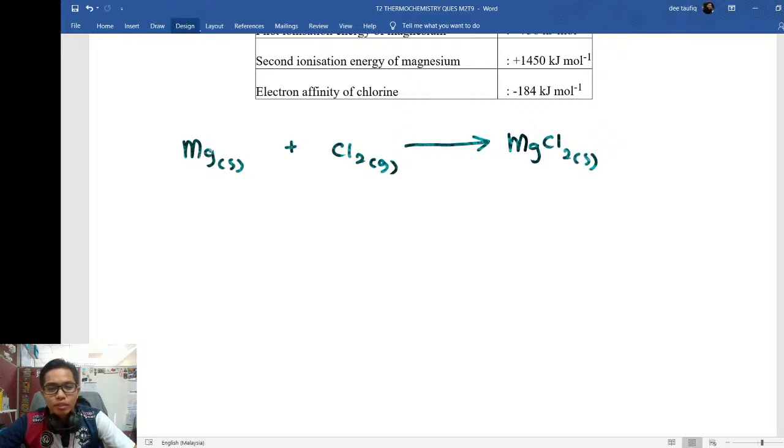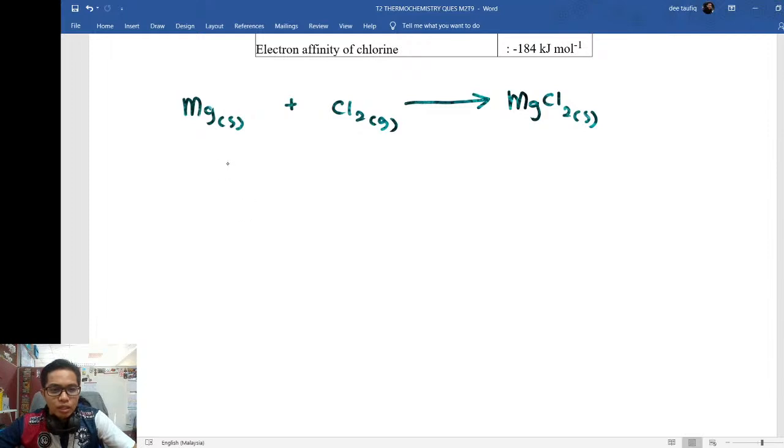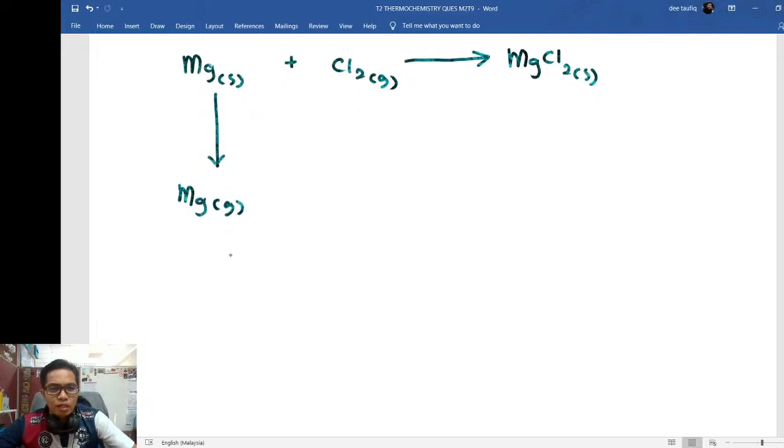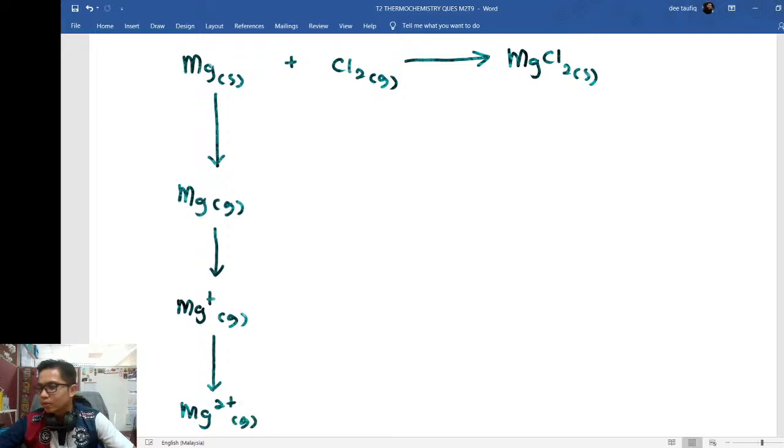Okay, so saya lukiskan dulu, baru saya label-label benda tu. So from element, this is element magnesium solid become magnesium gas atom, and then from magnesium gas atom it will become magnesium plus 1 gas ion, and then from plus 1 it will produce magnesium 2 plus gas ion.